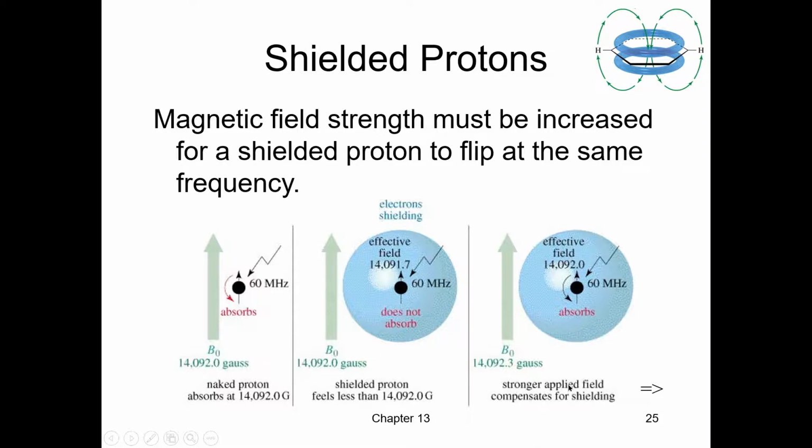Then if there is de-shielding, the magnetic field of the proton and the electron will reinforce, hence the net field that is experienced will be less here, hence they are said to be de-shielded.